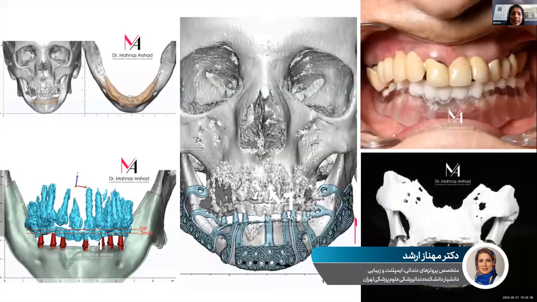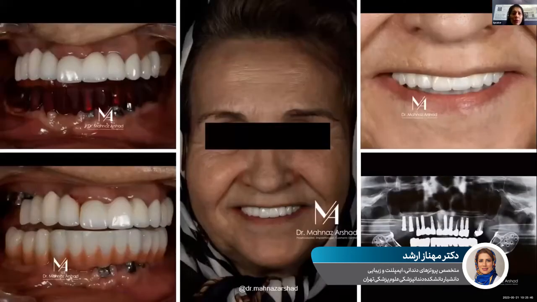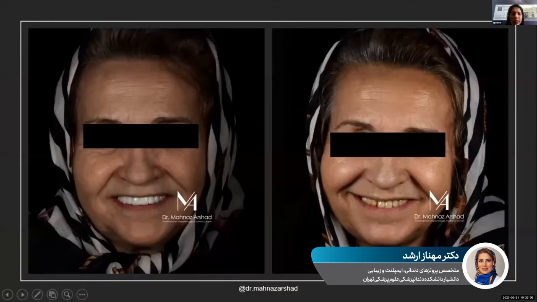We made the stent, took the 3D CT, designed the subperiosteal implants, and also changed the upper jaw crowns. And you see the final result here, just two sides of dehiscence in the lower jaw. But the radiography, when you see it, is good. This is the picture of the patient, the pre-treatment and after treatment picture.